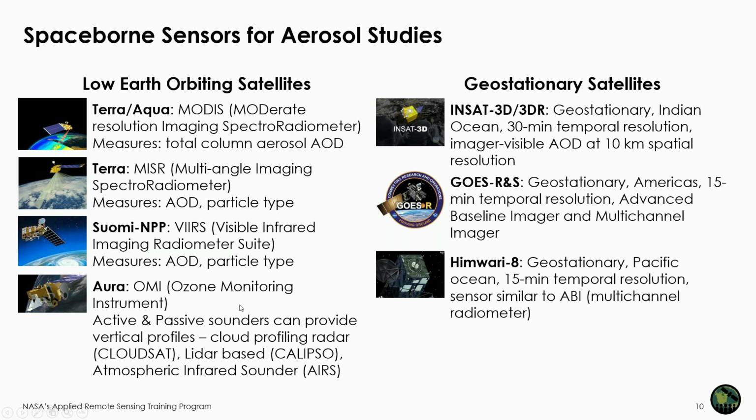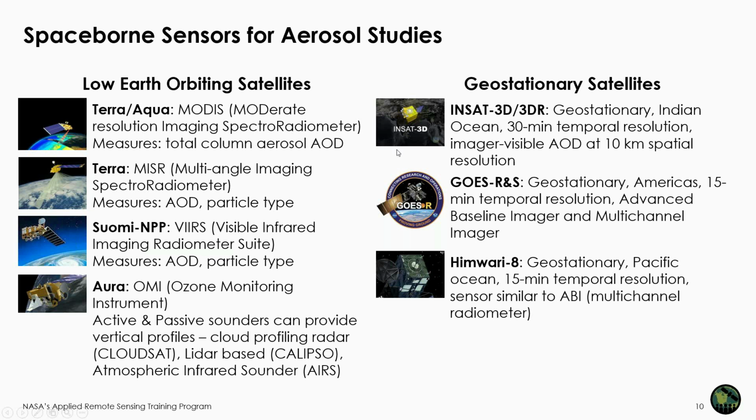However, of late, from geostationary orbits, at a typical altitude of around 36,000 kilometers, the satellite is located and remains stationary relative to the Earth. So aerosol observations are being done using the GOES-R and GOES-S series, and Himawari. You had two presentations earlier on these sensors.